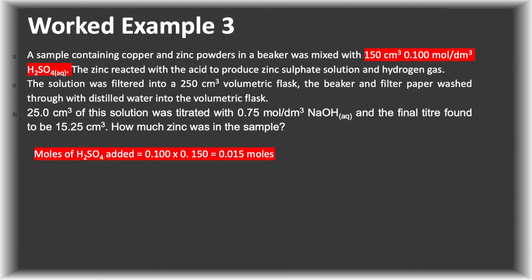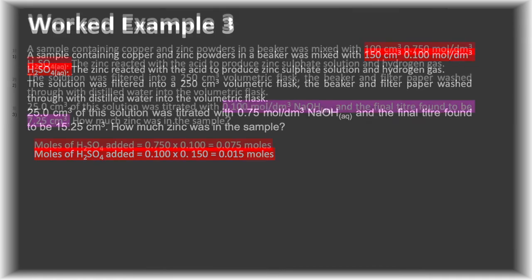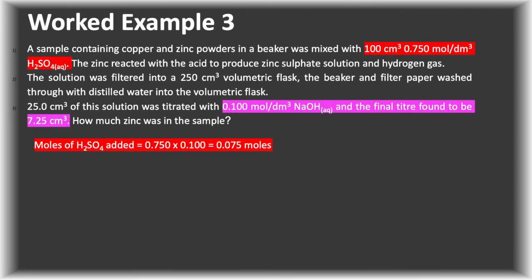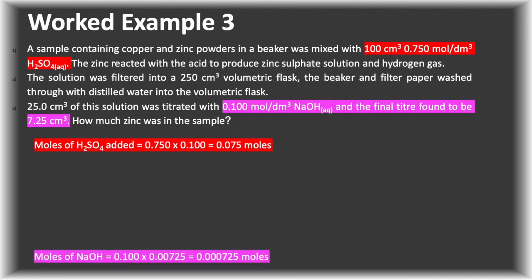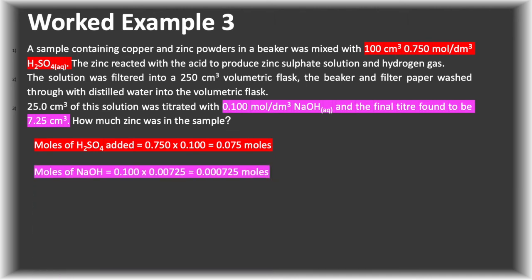So, start as we normally do. How many moles of sulfuric acid did we start with, which is concentration times volume over 1,000. We can then find out how many moles of sodium hydroxide we would use in the titration, which is just going to be the concentration, which is now 0.1 times 0.00725.